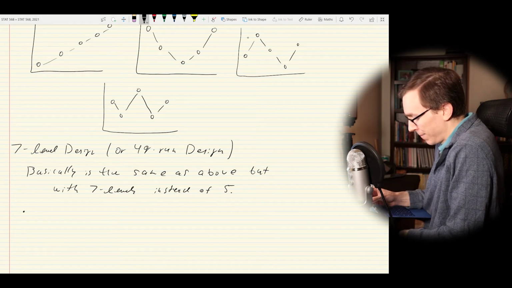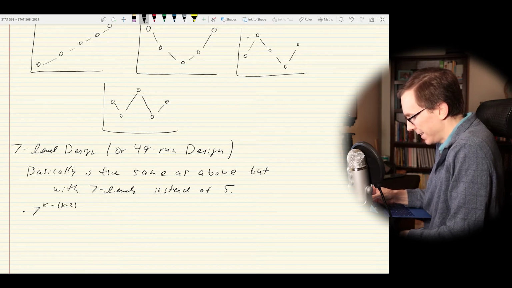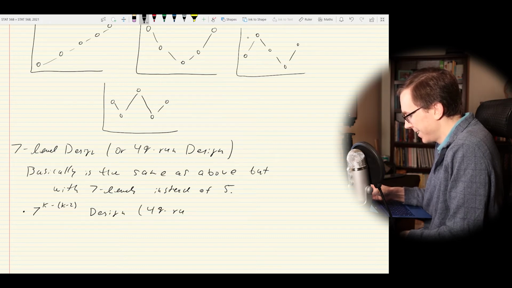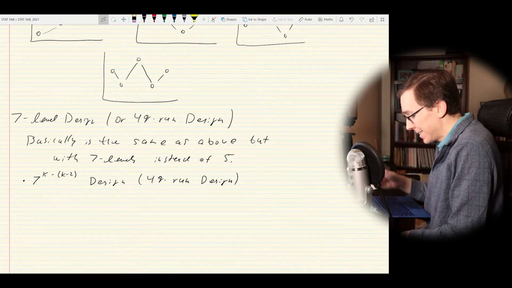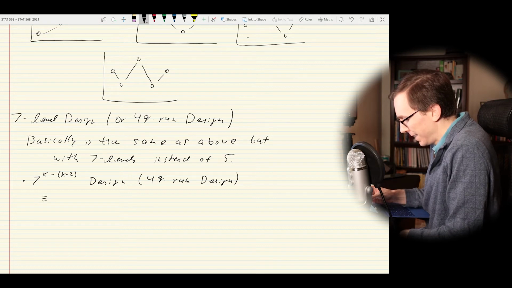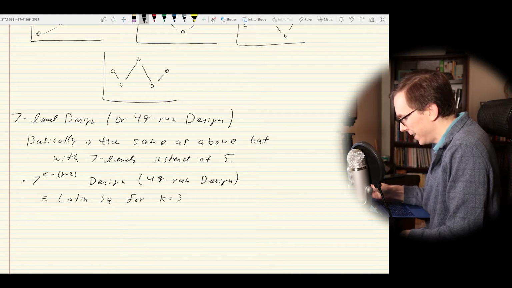So for example, the 7 to the k minus 2 design, which we can call the 49-run design, is equivalent to a Latin square for k equal to 3, and a Greco-Latin square for k equal to 4, and so on.